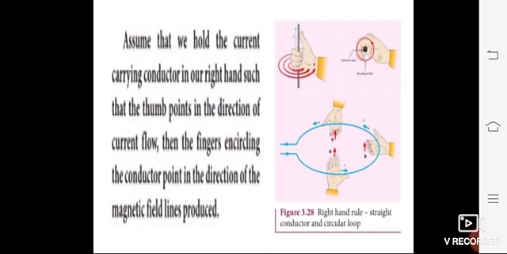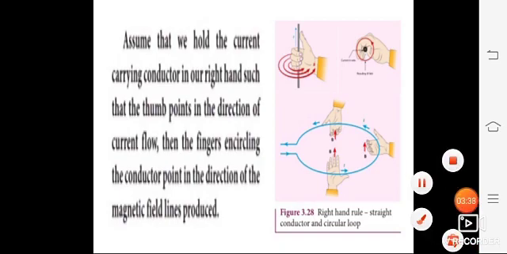Assume that we hold the current carrying conductor in our right hand such that the thumb points in the direction of current flow, then the fingers encircling the conductor point in the direction of the magnetic field lines produced.